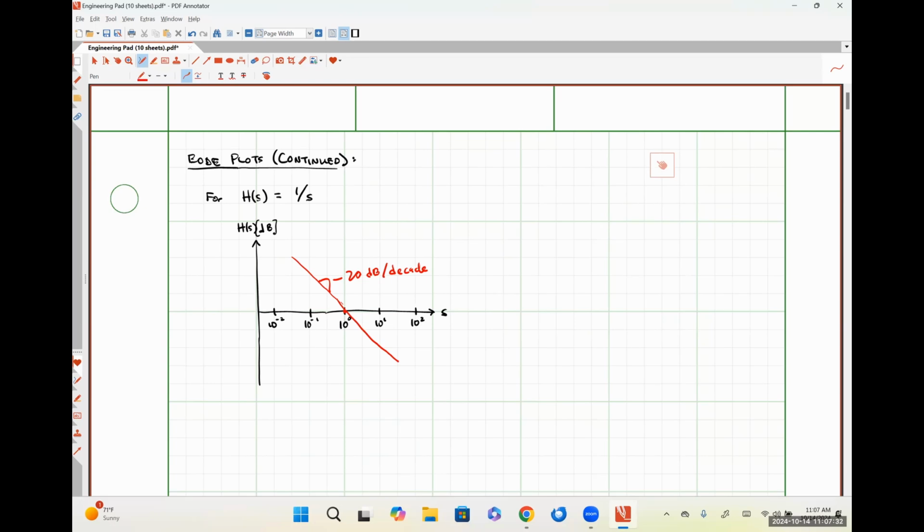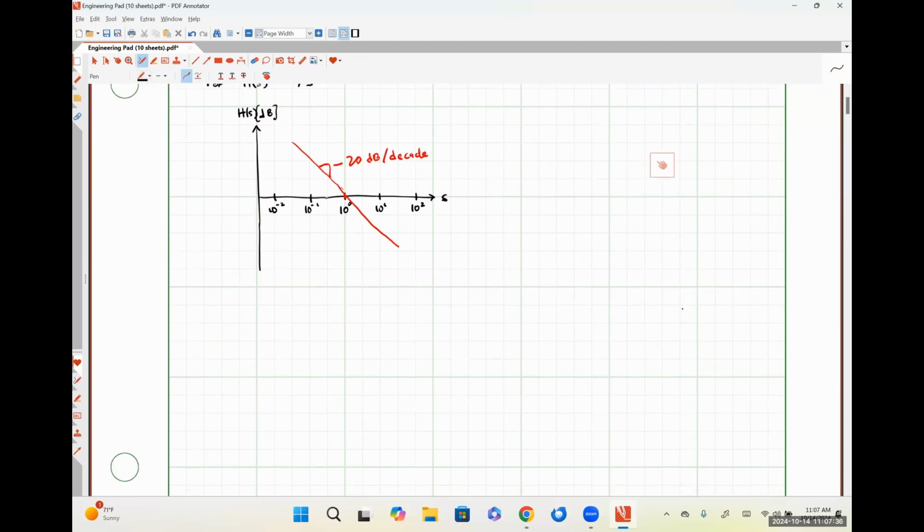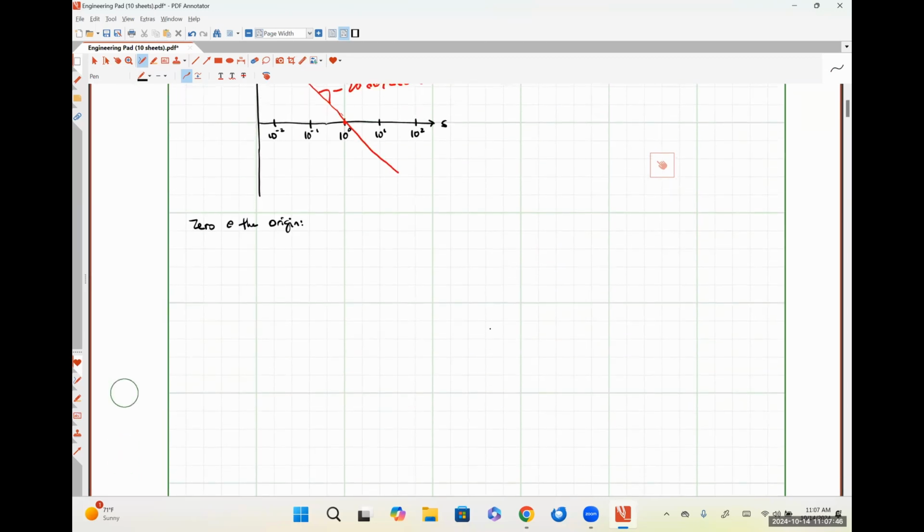Now let's move along and see what happens if we have a 0 at the origin. A 0 at the origin means that our system would have a transfer function of just s in the numerator.